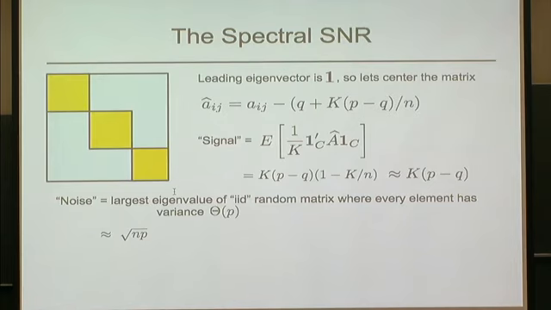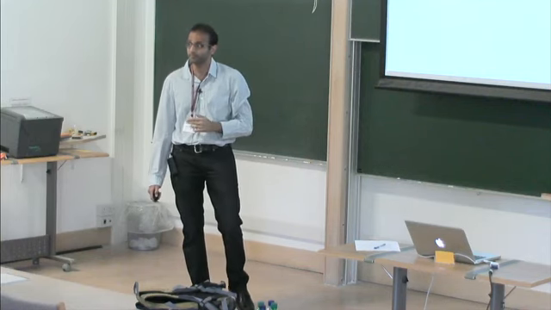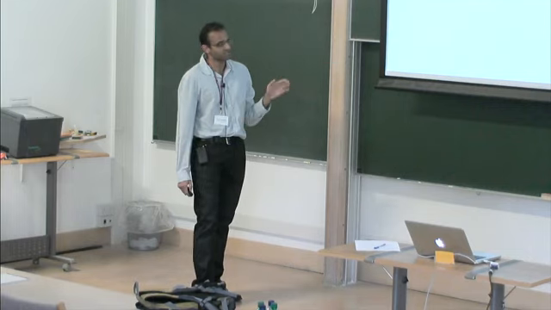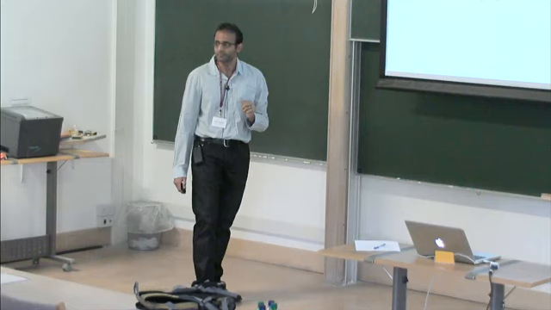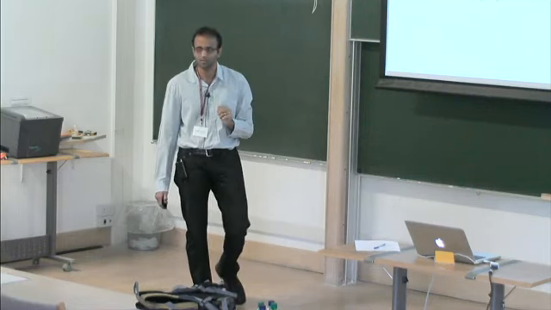What is the noise? The noise, on the other hand, is the largest eigenvalue of the perturbations. The perturbations are an IID random matrix where every element is independent and has variance on the order of p. The largest eigenvalue of such a matrix is on the order of square root n times square root p.